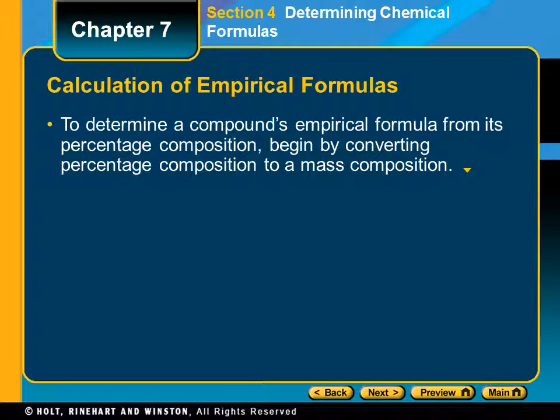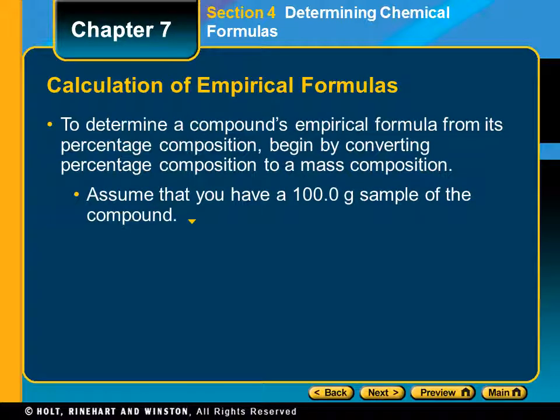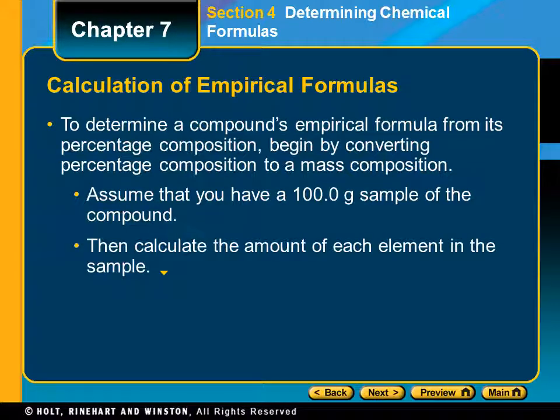So to calculate empirical formulas, basically, you've got a process here where you determine the compound's empirical formula from the percentage composition. You start by converting percentage composition to mass composition. You do that by assuming you have a 100-gram sample. That's real easy math, guys. If you're doing percentage and you've got a 100-gram sample, you got 52%, that means it's 52 grams.